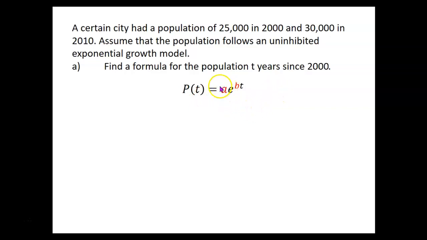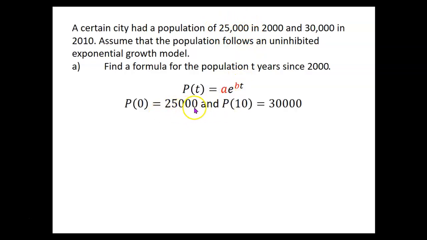Now that number out in front, the a, that's our initial value. If we set things up so that t equals 0 in the year 2000, and t stands for how many years it's been since that starting point, then the year 2000 itself is where t is 0, and the population in that year is our initial value, our starting population.